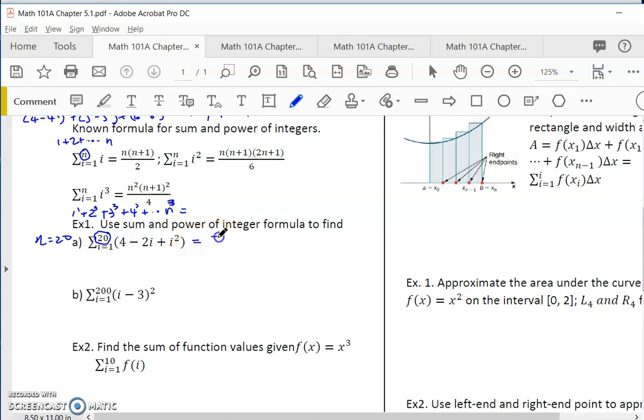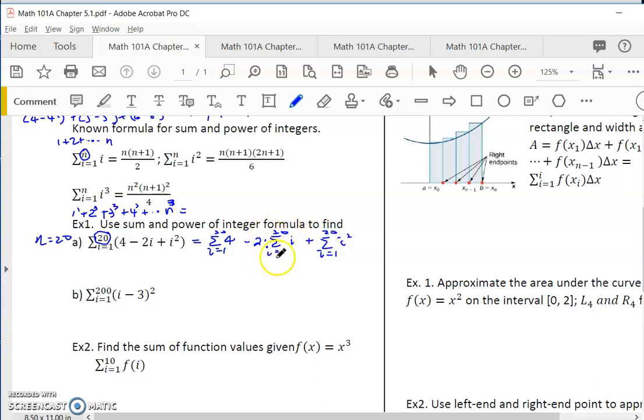So I'm going to split it up one by one. So this is the sum from i equal to 1 to 20 of 4, minus 2 times, the 2 can be moved out, the sum from i equal to 1 to 20 of i, it's kind of like the distributive property, plus the sum from i equal to 1 to 20 of i squared.